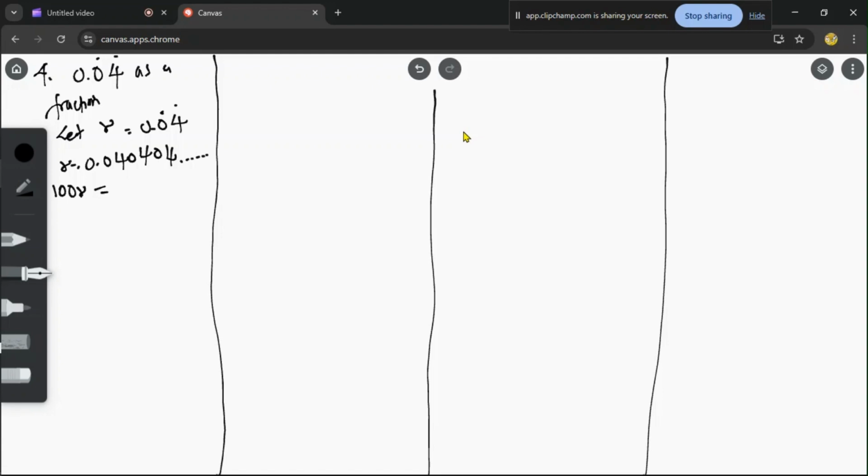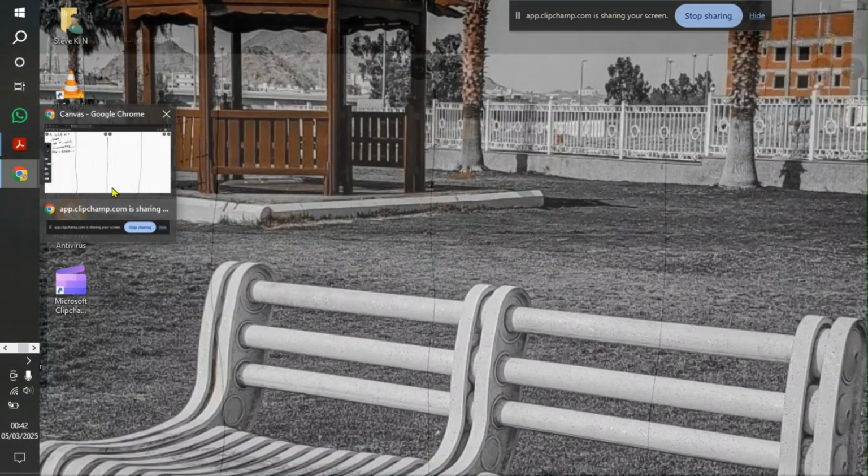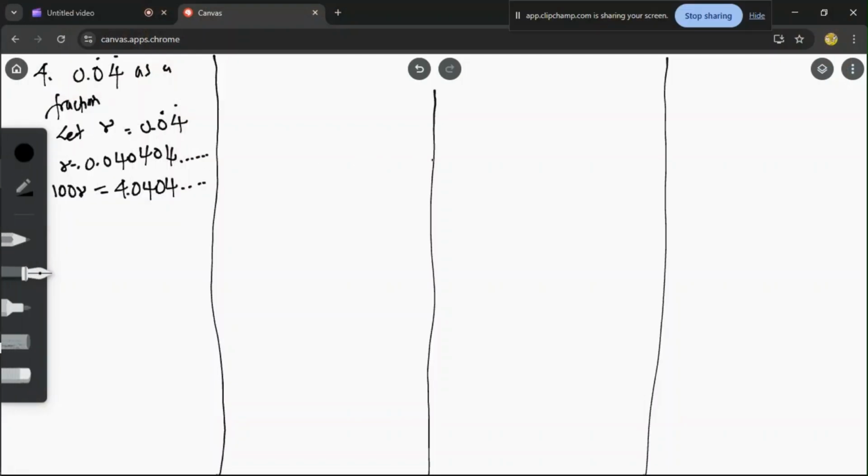The decimal will move two steps, 1, 2. So it will be 4.0404 recurring like that, because the dots mean this number still keeps on repeating itself. I hope we are together up to that point.